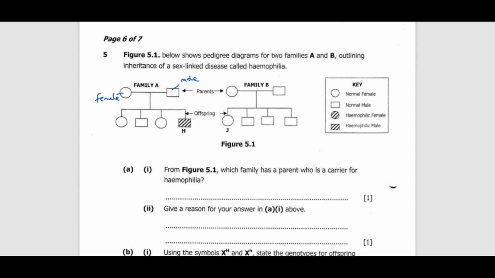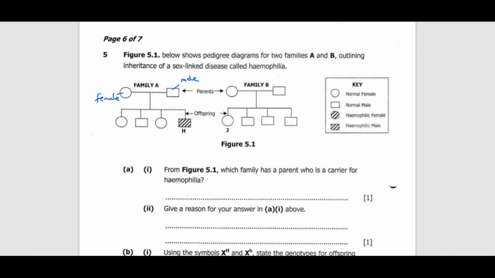A1: from figure 5.1, which family has a parent who is a carrier for hemophilia? So when you look at family A, that is where we find a person who is hemophilic. This person who is H. So H was hemophilic.